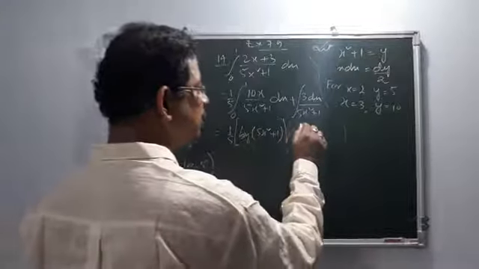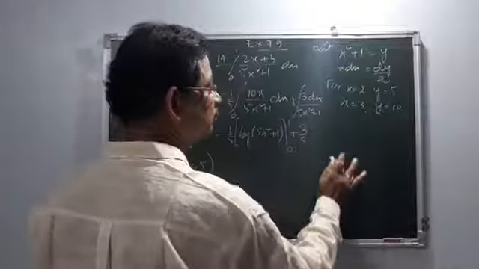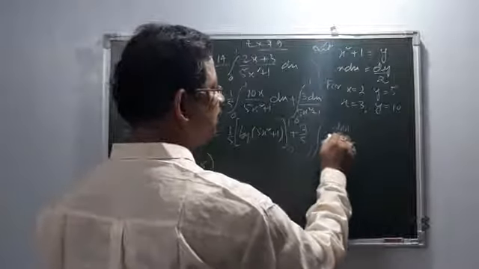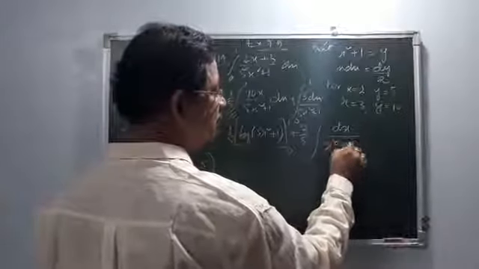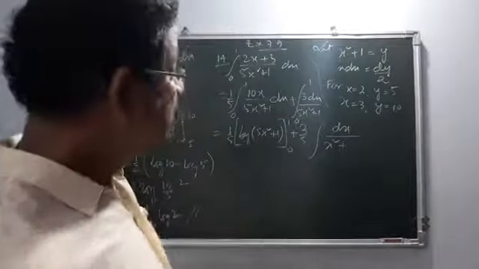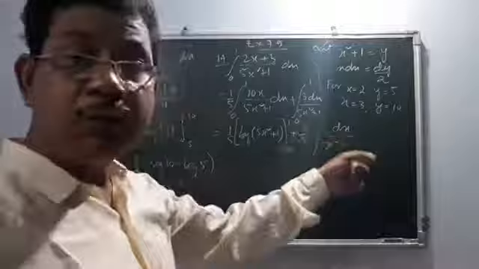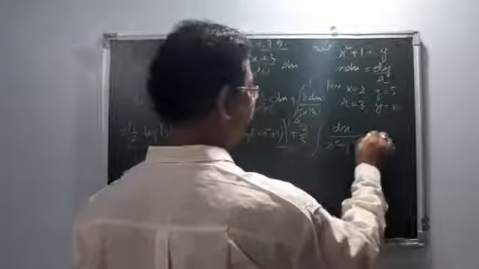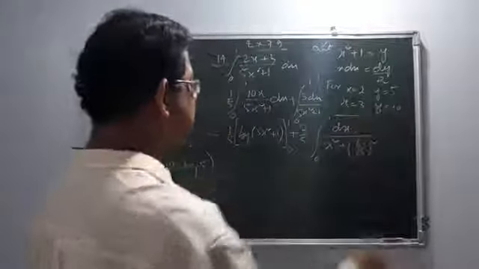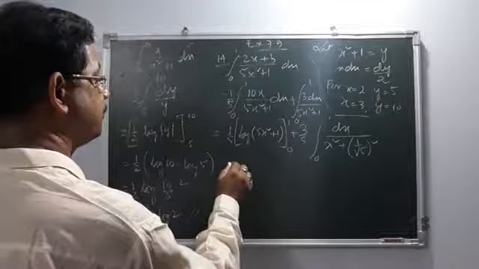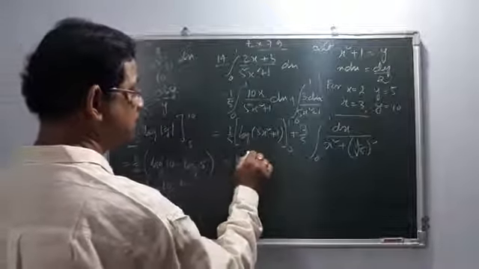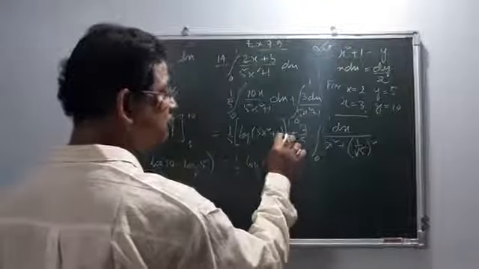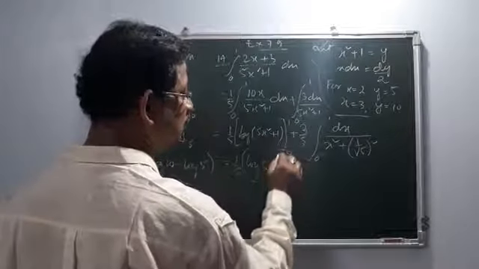Here take 3 by 5 common, then it will be dx over x square plus 1 by 5, so we can write 1 by root 5 whole square, from 0 to 1. Without substitution we can do these things. So 1 by 5 log: if we put 1 here it is 6, and if we put 0 then it will be log 1.